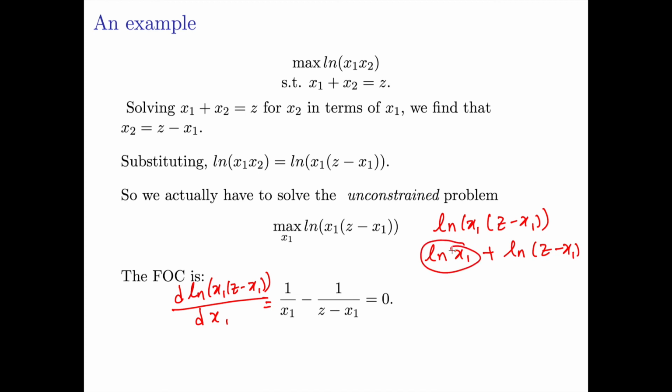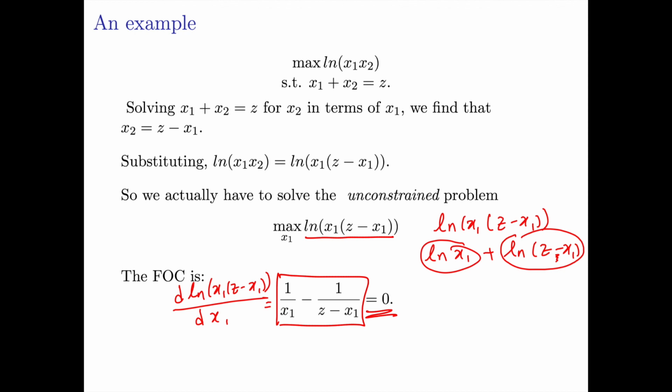The derivative of this part is just 1 over x1. The derivative of this part, well, first notice that we've got a negative sign in front of the x1, so we're going to use the chain rule. So we're going to get negative 1 times 1 over z minus x1. So it's negative 1 over z minus x1. So we have the following derivative of the function that we're trying to maximize. And we set that equal to 0 because that's what our first order condition is.